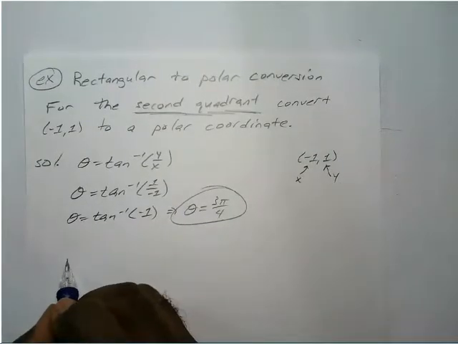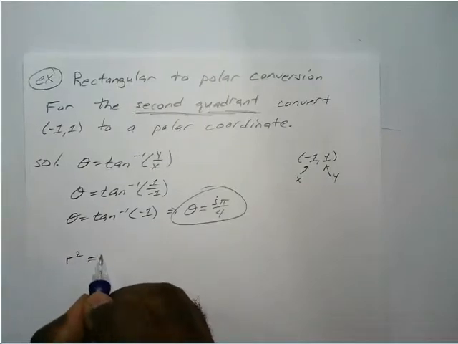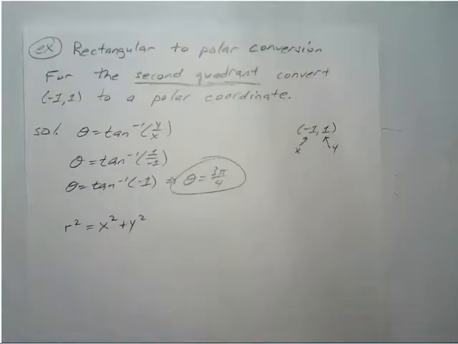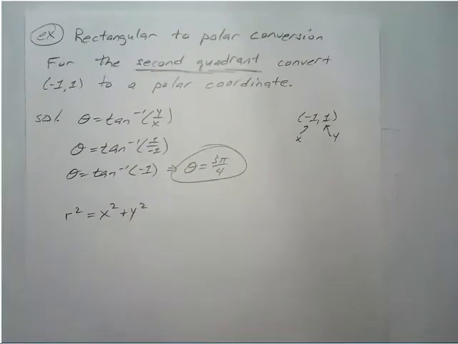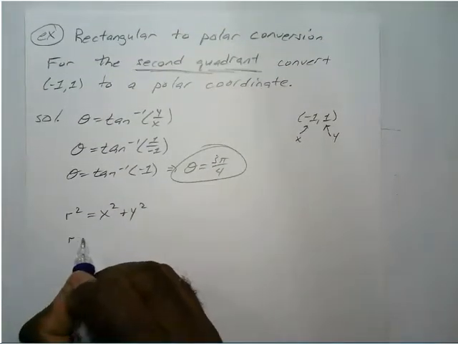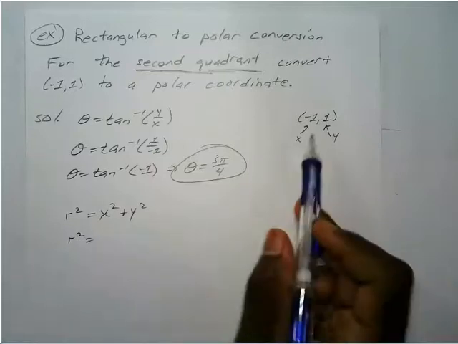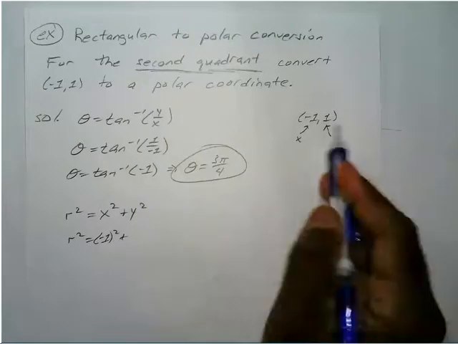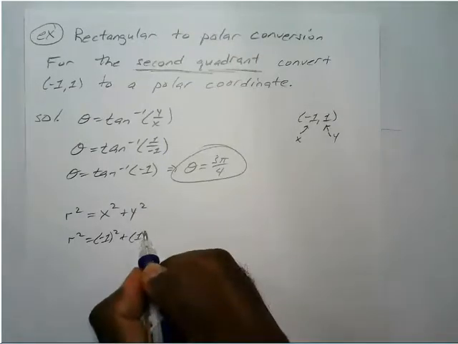It doesn't matter which one you do first. R squared equals x squared plus y squared. So r squared equals negative 1 squared plus 1 squared.